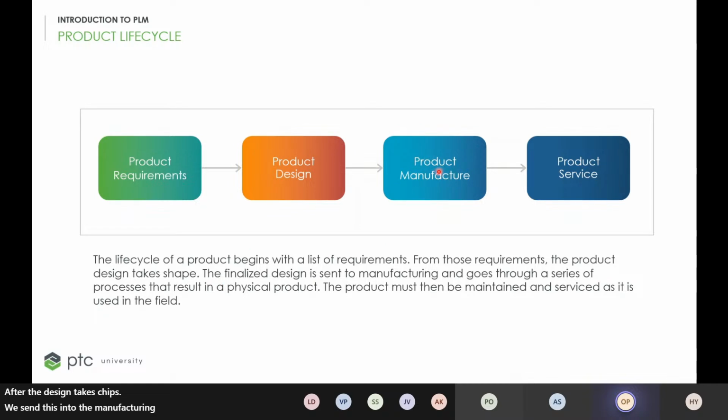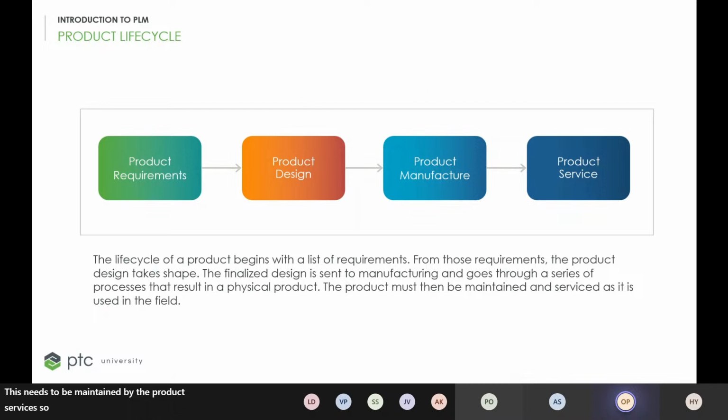Going through specific processes, this results in the final product, the physical product. So the manufacturing is the bridge between what exists virtually and the physical existence of the product. After the product is done and physically existing, this needs to be maintained by the product services.